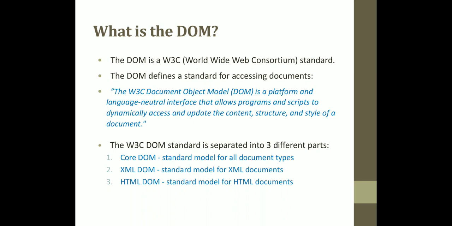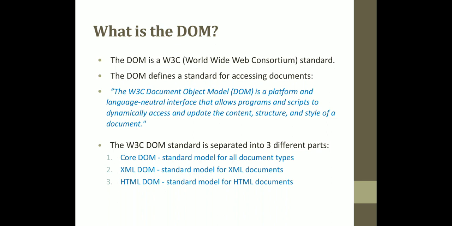So this thing I have already told you, that according to the W3C, the document object model is a platform and language neutral interface that allows programs and scripts to dynamically access and update the content, structure and style of a document.